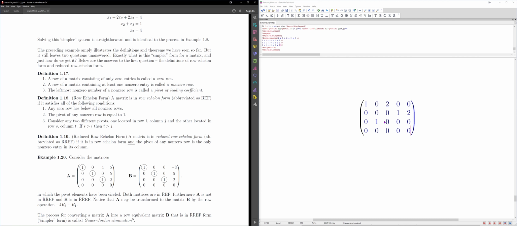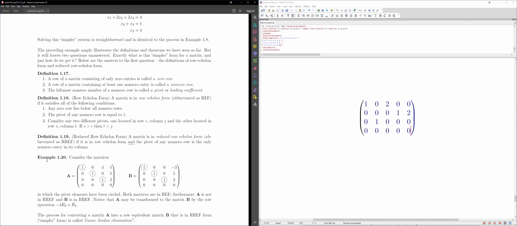But going from here to here is bad, because this pivot over here, if you go to the row below, in order to satisfy this third condition the pivot needs to be to the right, which it isn't, it's to the left. So you want your pivots to come down going from left to right as you come down. You don't want it to zigzag around like this.